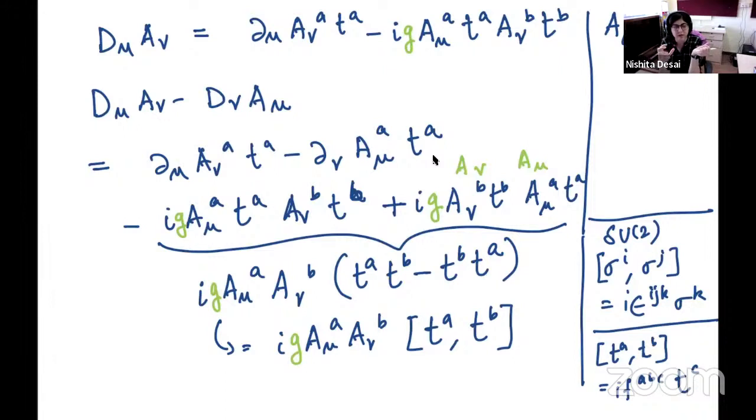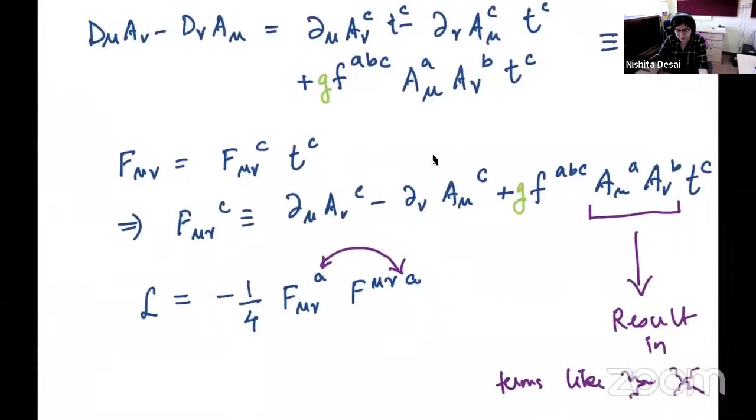So whether you do one transformation first and then the second, or the second first and then the first, will make a difference. That is encapsulated in the fact that these generators don't commute, and that then reflects in the way you define your field tensor.